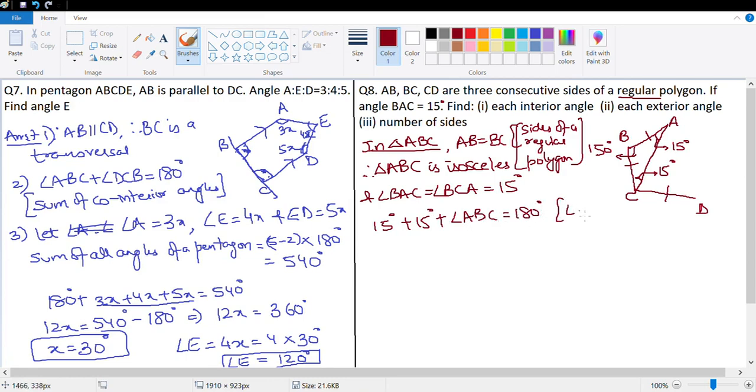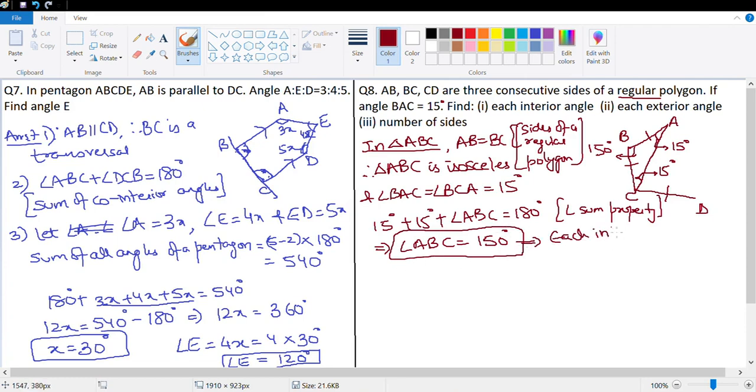This is the angle sum property. The sum of all three angles in a triangle is 180 degrees, which means angle ABC is equal to 180 minus 30, which is 150 degrees. So that's my first part. This is each interior angle. So that's the first part done.